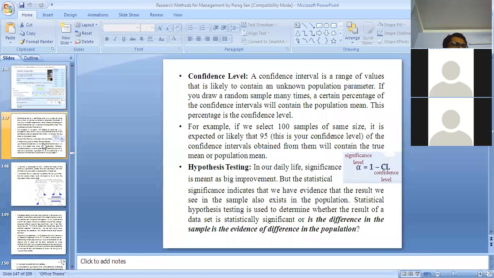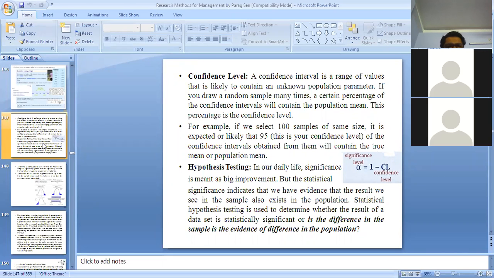Or there is a relationship between green marketing and financial performance. In this way you can propose your null hypothesis and alternative hypothesis.